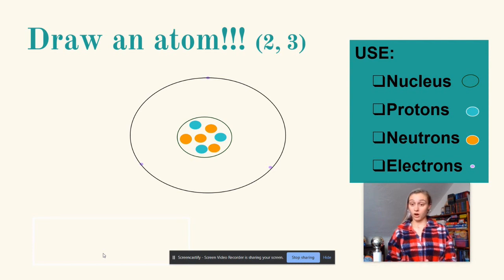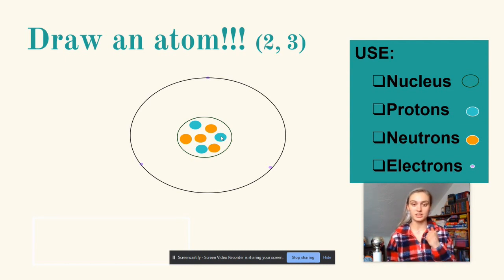Well, you can always count the number of protons, because the number of protons is equal to the atomic number, and the atomic number tells us what atom it is. So for example, this one, we have 1, 2, 3 protons. And if we looked at the periodic table, lithium has 3 protons because its atomic number is 3. So we would say, this is lithium.